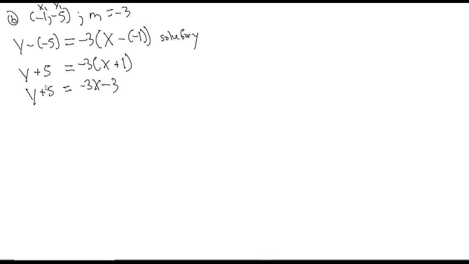And now we're going to need to move the 5 over. So we subtract 5 on both sides. If that had been a y minus 5, we'd be adding 5 to both sides. So those 5's cancel. We get y equals, leave the -3x alone. -3 minus 5 will give us -8. It's solved for y, which means it's in slope-intercept form.